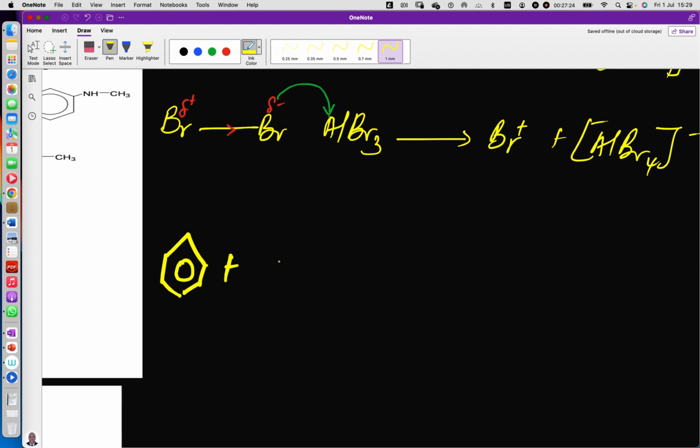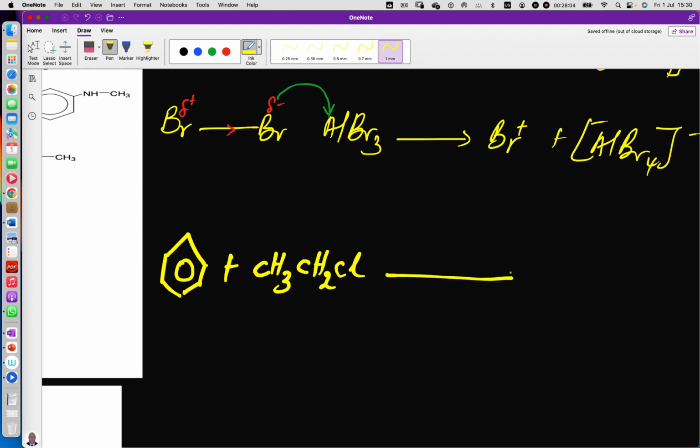Since it is ethyl benzene, chloroethane will be CH3CH2Cl.